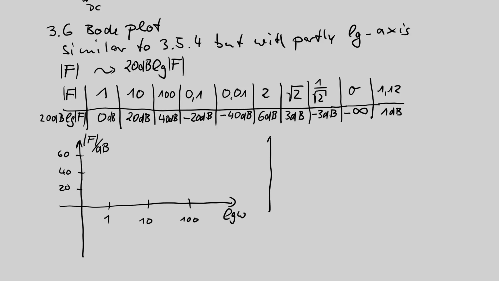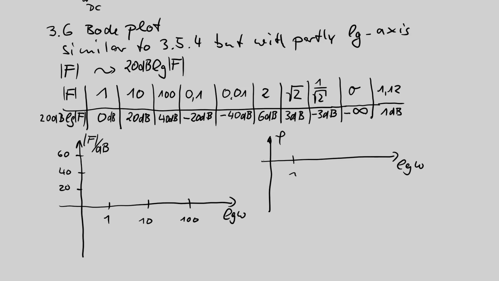This contains all information about the magnitude of omega, and the phase curve, normally we have negative phase, is displayed in a logarithmic axis for omega, but the phase is displayed linearly on the vertical axis.